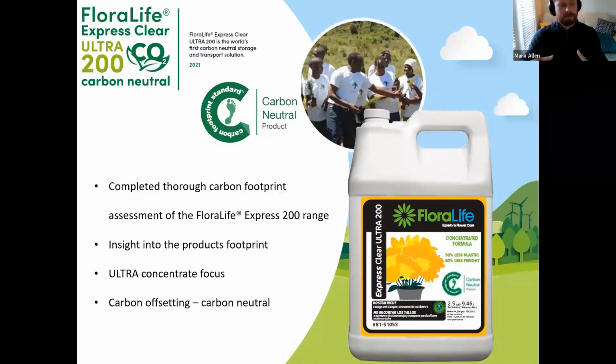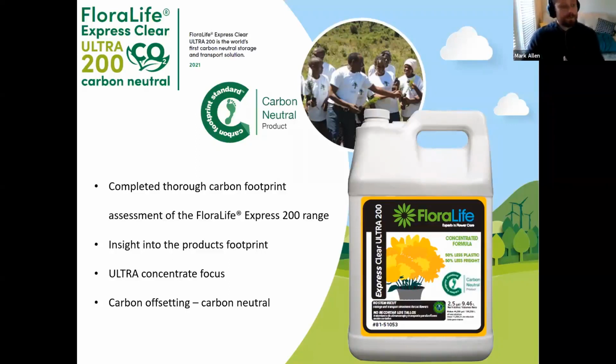Because more concentration means less packaging, less freight required, but ultimately the same high quality use solution at the end of the day. It's very similar to those dish liquid soaps that you use, which are getting more and more concentrated in the supermarkets all the time. And you actually end up getting more out of less just because they're becoming more concentrated. And that's exactly what we focused on here.